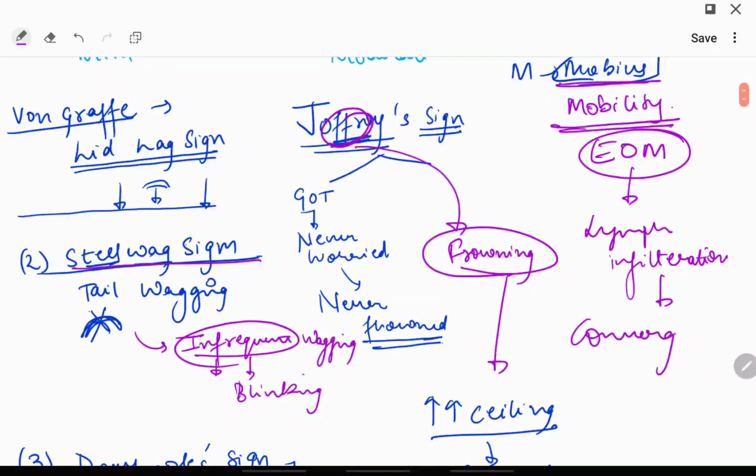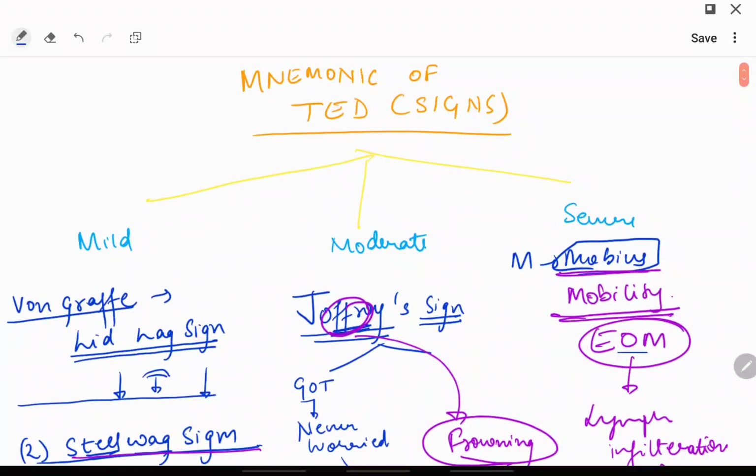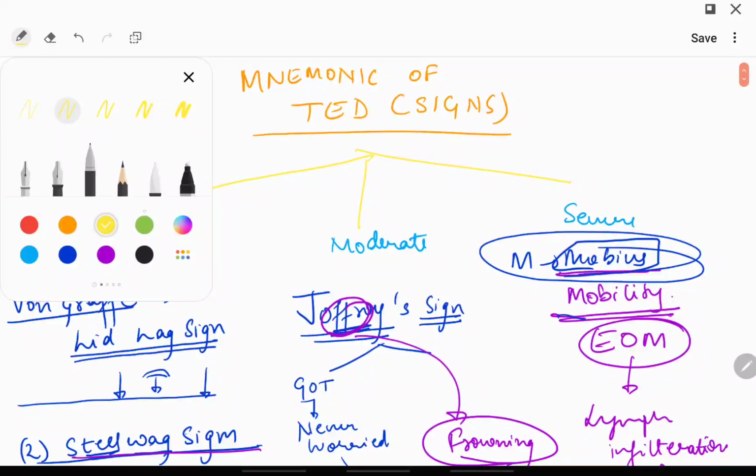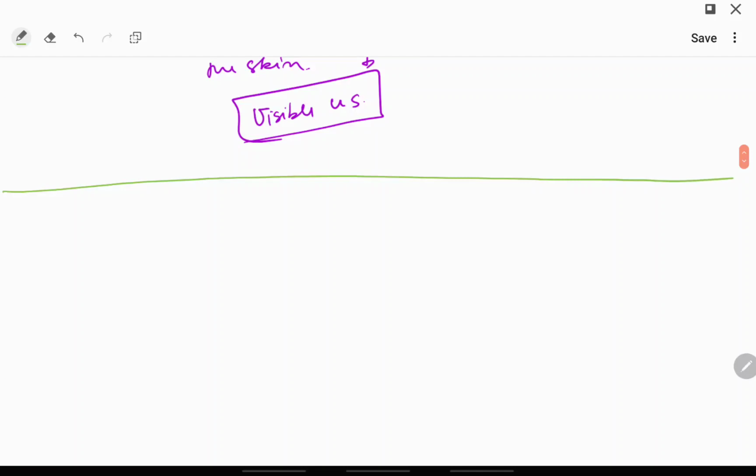Okay, convergence. Remember this, not divergence, convergence. So convergence is done by the medial recti muscles. Okay, so the patient is not able to look medially towards his nose. Okay, so this is the Mobius sign. Now a few signs are not under this category, but they are very worth mentioning.